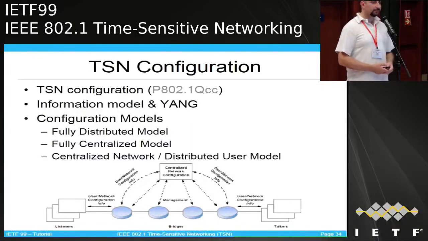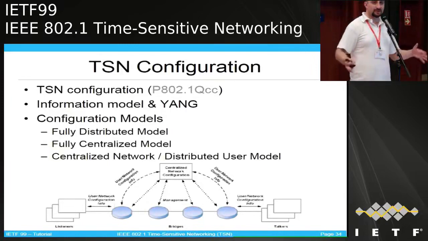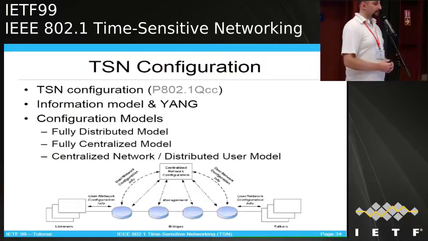The fully centralized model is when both network equipment like the bridges and the end stations, hosts, are under control of a central entity, which can happen, for example, in a factory, where all the end stations and the bridges are desired to be under the control of the same entity.